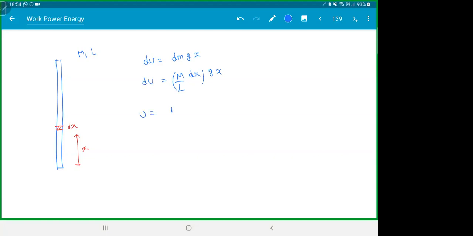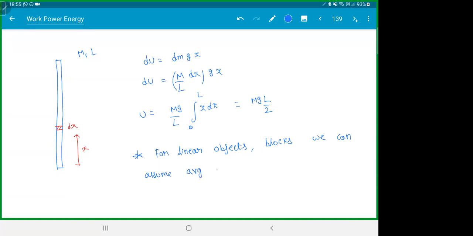The total potential energy will be mg by l integral x dx from 0 to l. So we get mgl by 2. So for linear objects, cubes, rectangle blocks, anything, we can assume the average height for potential energy. We'll actually call this center of mass in a different chapter. We'll see.